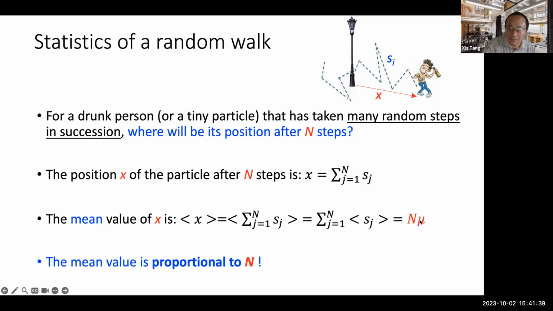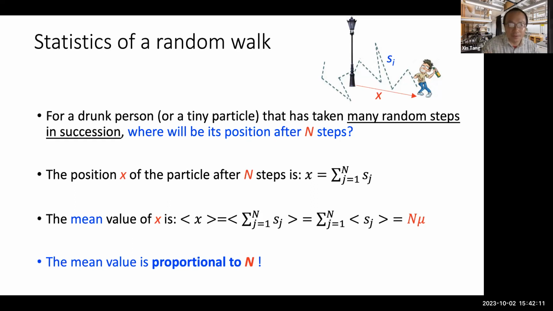So the mean value of x is proportional to the number of steps it takes. Even though this is random, the more steps you take, the larger the mean value is. It means the person is always further away from the original point, and this is linearly proportional to the step number. So this is the first very important derivation.